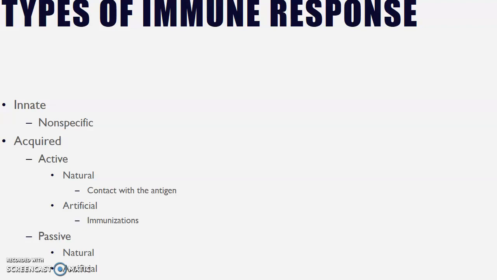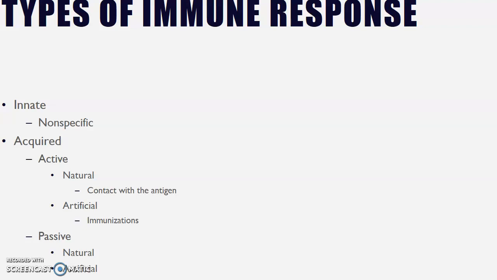Our body makes the antibodies to that specific antigen, and now we have artificial immunity that only stays in our system for 6 to 8 months.